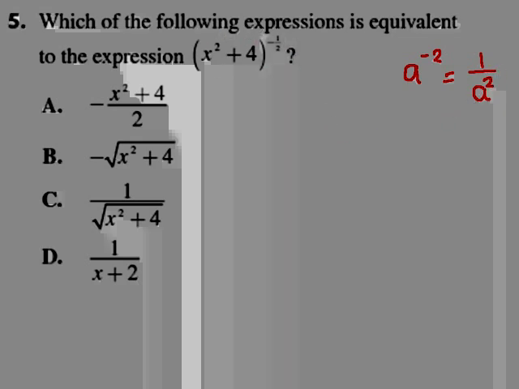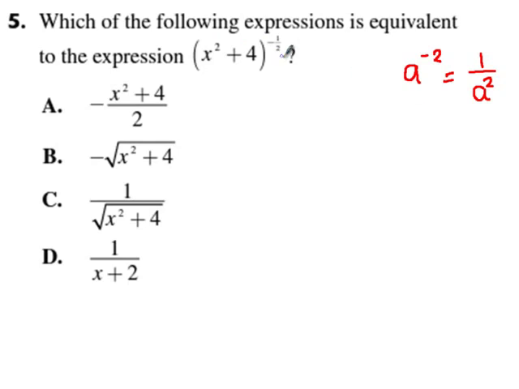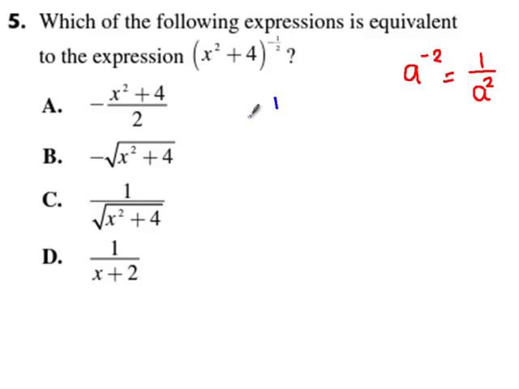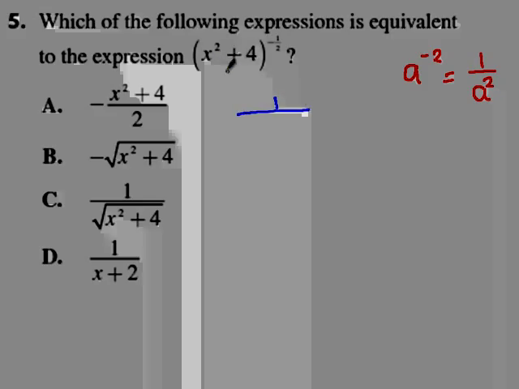In the same manner, this given expression can be written with a positive exponent as 1 over this entire expression, X squared plus 4, raised to positive 1/2.